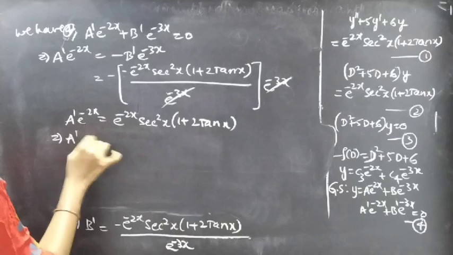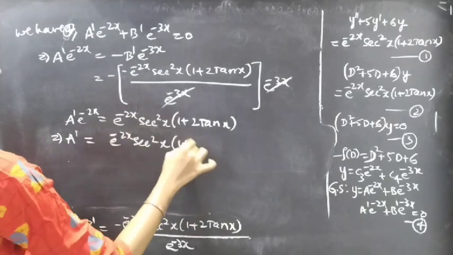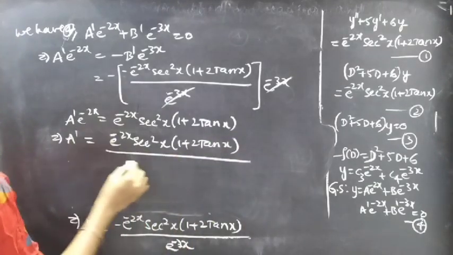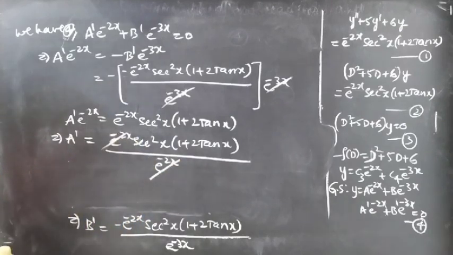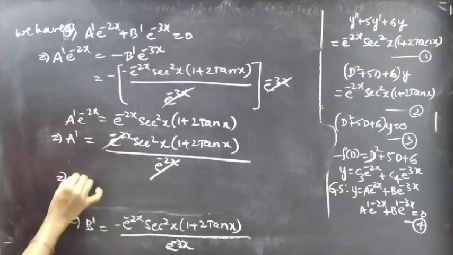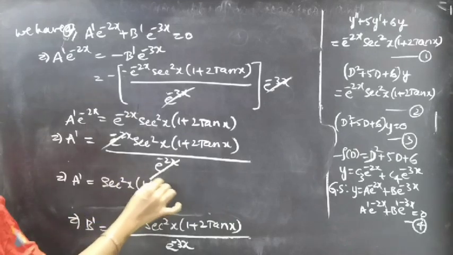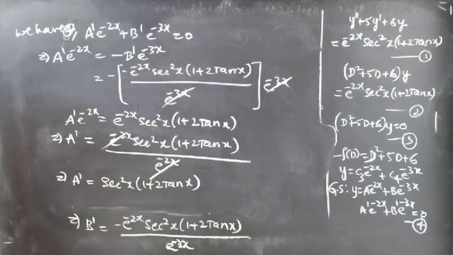From this we'll get a dash equals to e power minus 2x secant square x of 1 plus 2 tan x by e power minus 2x, where e power minus 2x gets cancelled and we'll get a dash equals to secant square x of 1 plus 2 tan x, right?